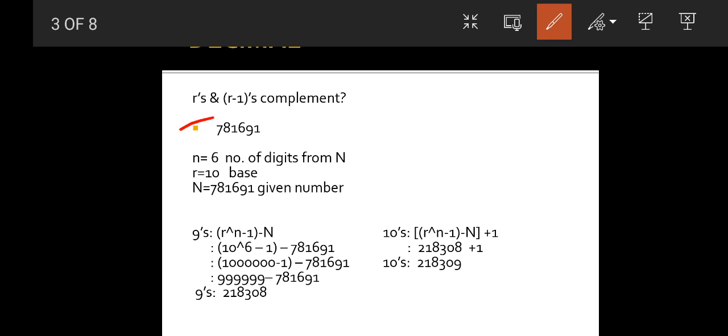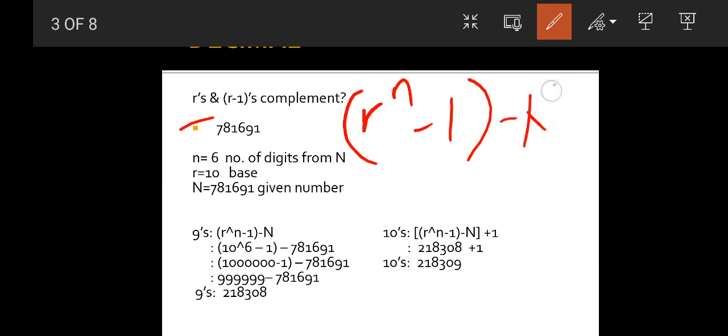Again, for your formula, if you're going to get the diminished or the 9's complement, your formula should be r raised to the power of n, minus 1, minus the big N. So that is for getting the 9's complement or your diminished.